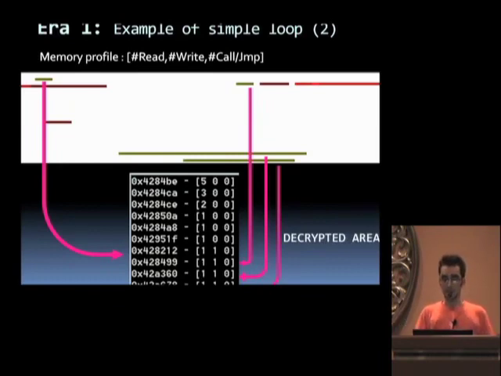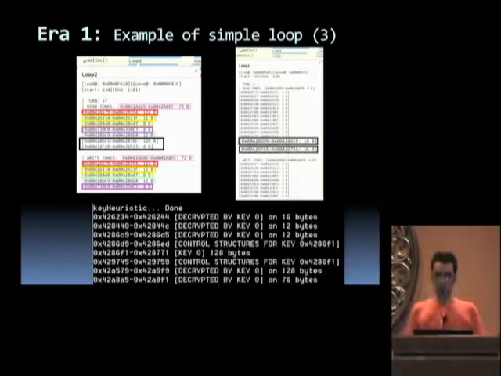So we have a small engine: we give it the start time and the end time of the loops, it computes the memory profile, and it checks if there is probably a key, if there is probably a decrypted area, or if there are possible control structures. It works pretty well because there are not a lot of different algorithms, but there are a lot of different implementations of the algorithms.